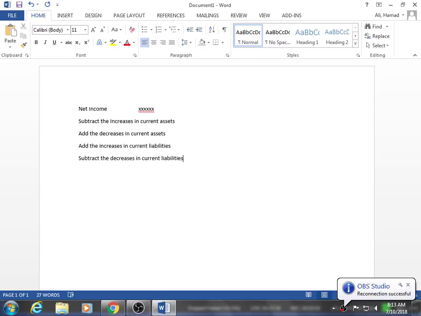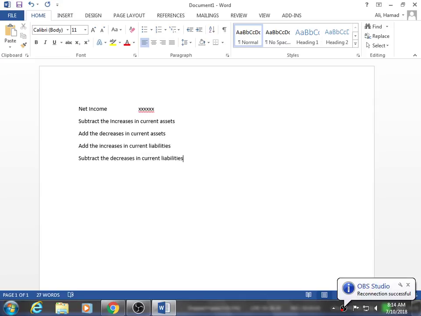So you know how the 30,000 came about: you take the 16,000 plus 37 minus 12 plus 3 plus 8 minus 34 plus 4 plus 7 plus 3 minus 2. That will give you 30,000. So cash flow from operating activities is 30,000.